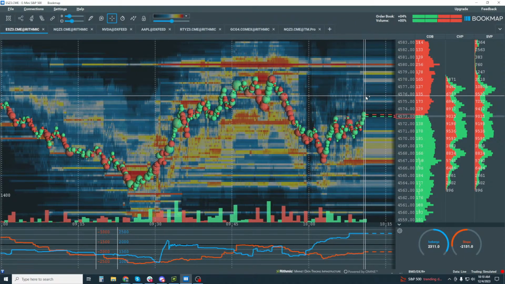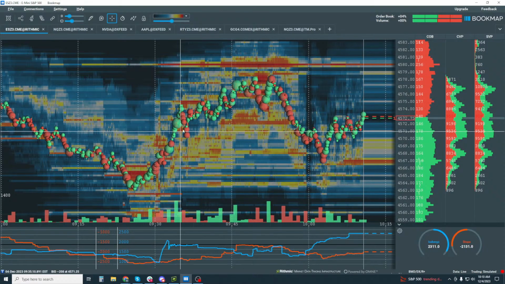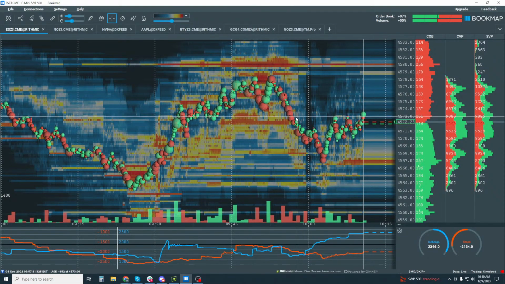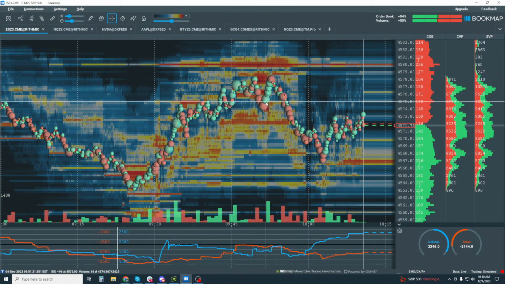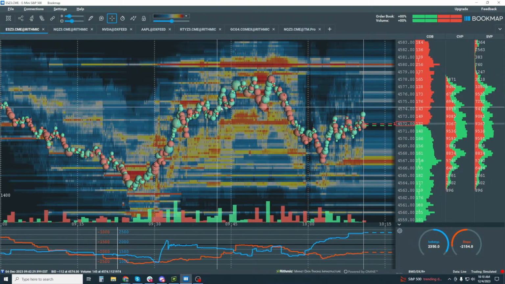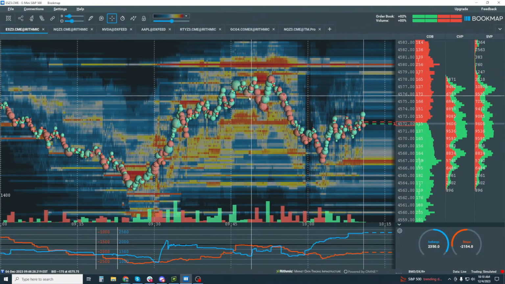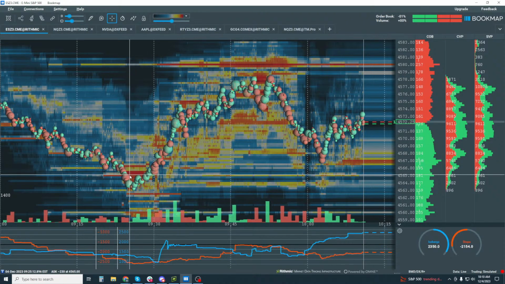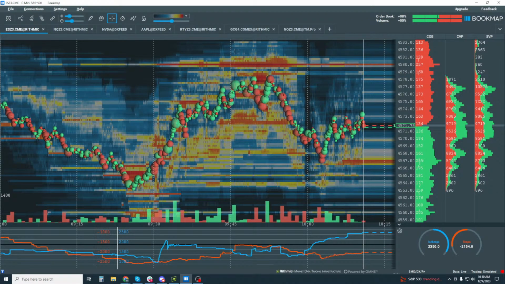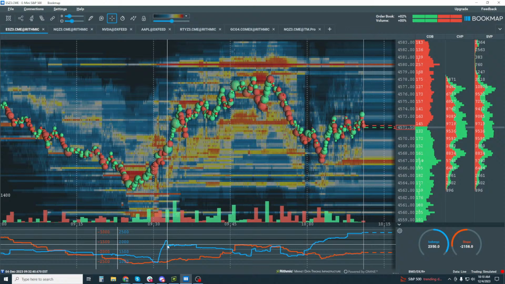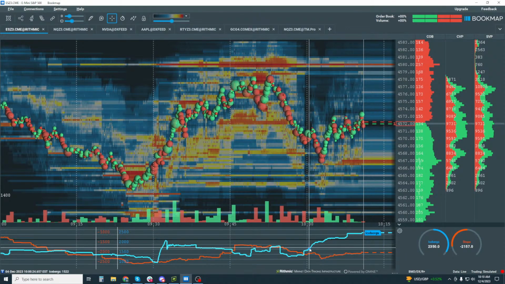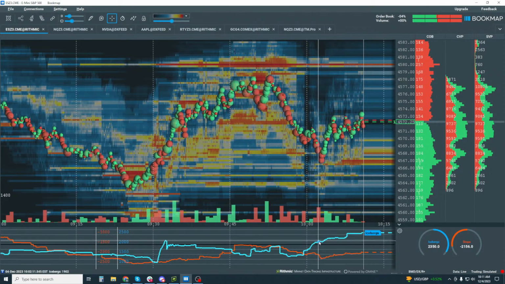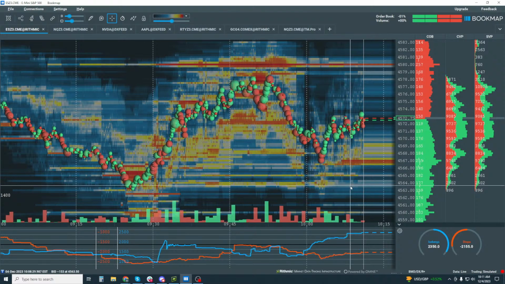But what I'm trying to go through here is assess the likelihood of the move unfolding by understanding what's going on in the auction process since a little before the cash open. We also have some other confluences in here, buying icebergs. They're buying even more, so that's a good sign as well.